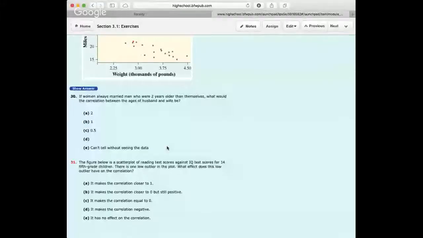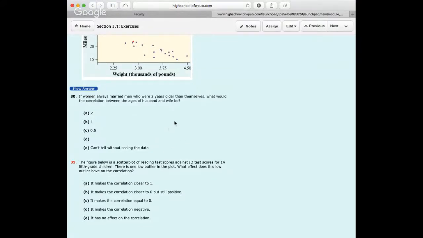And since it has a perfect correlation, we can go back to number 30 and check it out and see that since it's a positive linear relationship, as the husband's age increases, so does the wife's. In fact, as the wife's increase, so does the husband's, however you want to look at that.